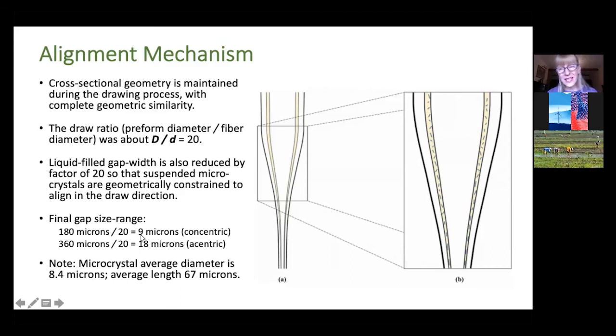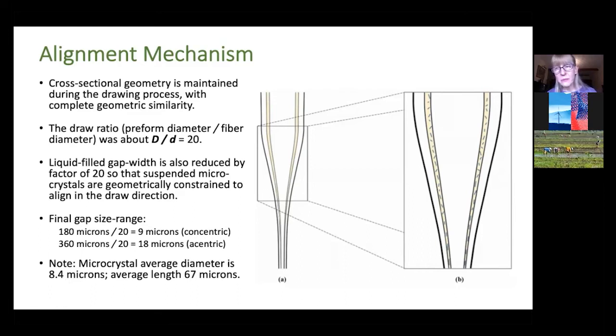So the key in terms of the processing and how we control this fiber outer diameter, and thus the gap where the microcrystals are suspended in liquid, notice that this concentric case, the 9 micron gap width, is on the same order, very close to the average diameter of the microcrystals.